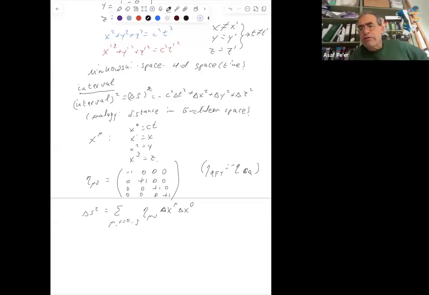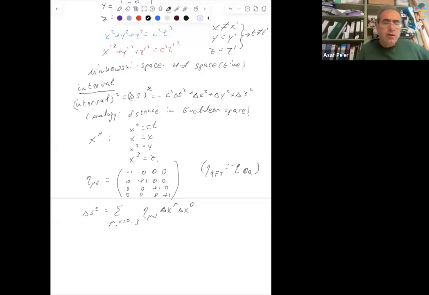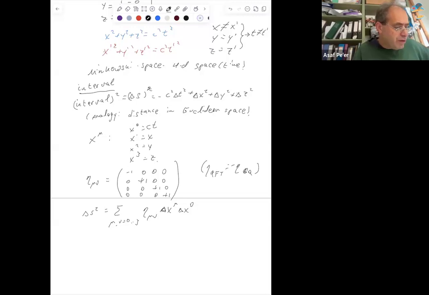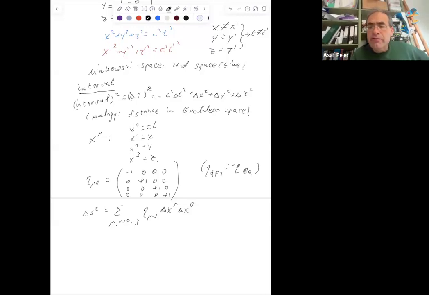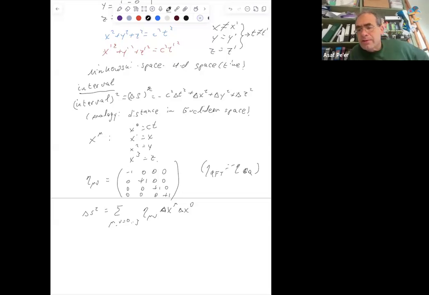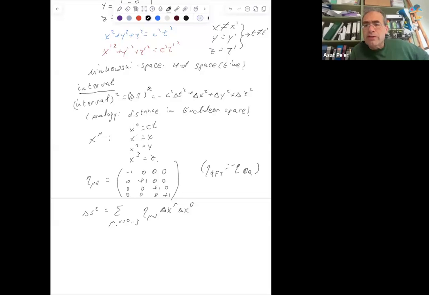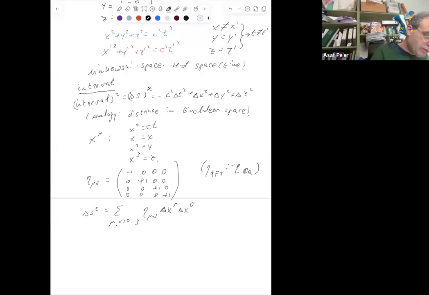And to make your life more confusing, we're going to use the Einstein summation convention, which states that if in one side of an equation the same index appears twice, once as a lower index and once as an upper index, then we understand that we sum over this index. It is known as a dummy index, so we don't need to write the summation.